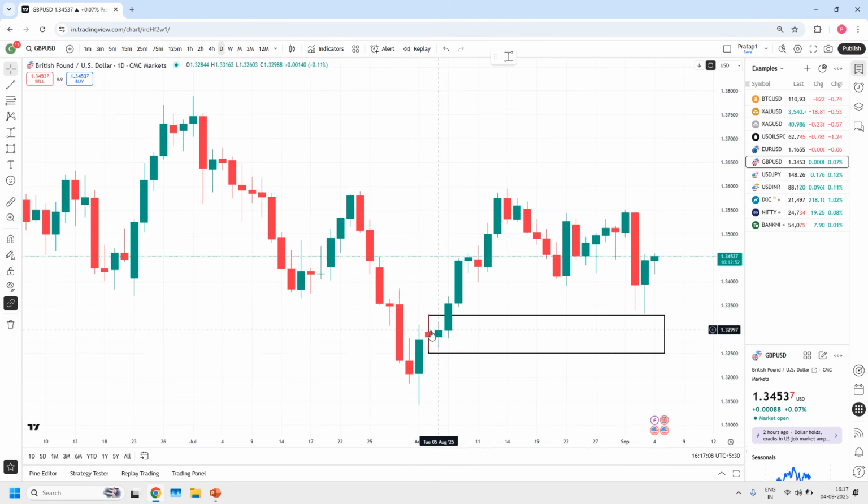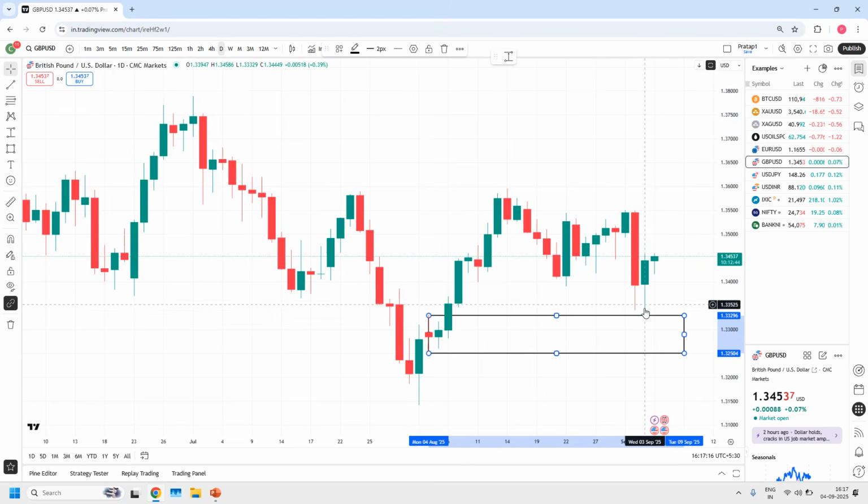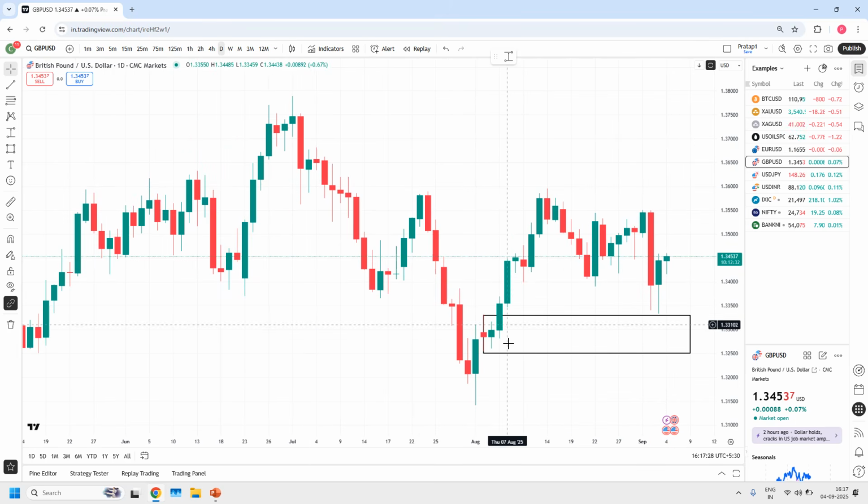Prices moved in a narrow range here and then imbalance took place and continued. And recently prices gave you a trade opportunity, a long trade. Now you see prices have started moving up. And this is called a demand zone because imbalance took place towards the upside.